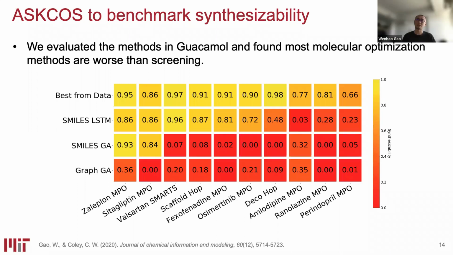Is that clear? I'm sorry, can you say it again? Yeah, is your hypothesis that if we increase the size of the training set, then we will increase the percentage of molecules that are easily accessible?